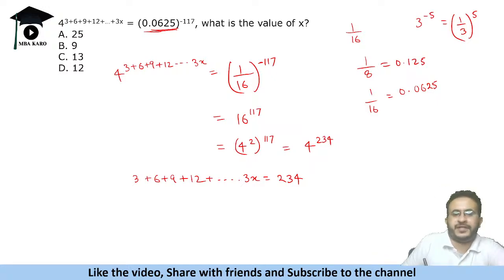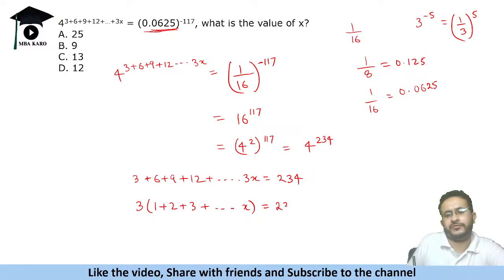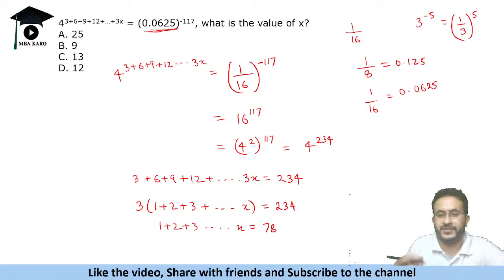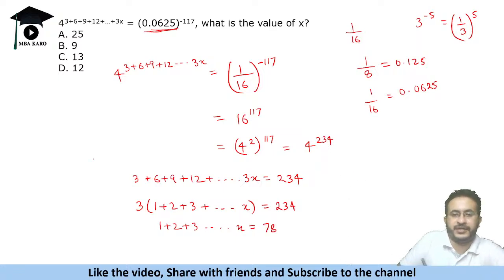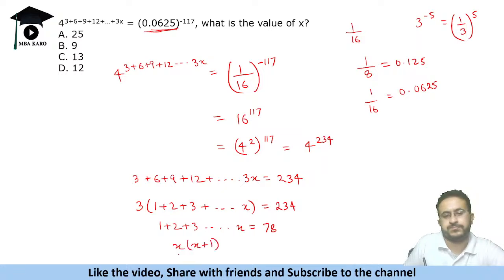So we have 3 times of this. So we can say 3 times 1 plus 2 plus 3 and so on till x is equal to 234. So 1 plus 2 plus 3 and so on till x is 78. So sum of first n natural numbers क्या होता है? n into n plus 1 by 2, 78. So we will get x equal to 12.